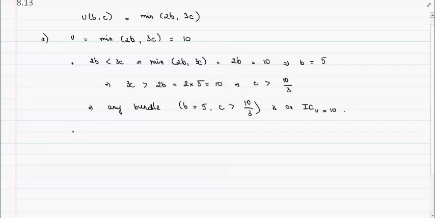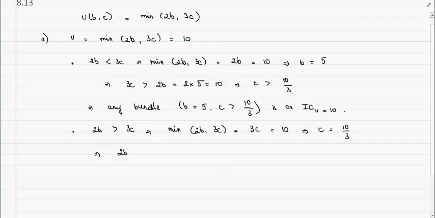So the minimum between these two is equal to 10, which is what we want. Now the second case is where 2b is bigger than 3c. Therefore our utility function, the minimum of 2b and 3c, is equal to 3c, because 3c is smaller. We want our utility to be equal to 10, so I equate that to 10, and therefore c equals 10/3.